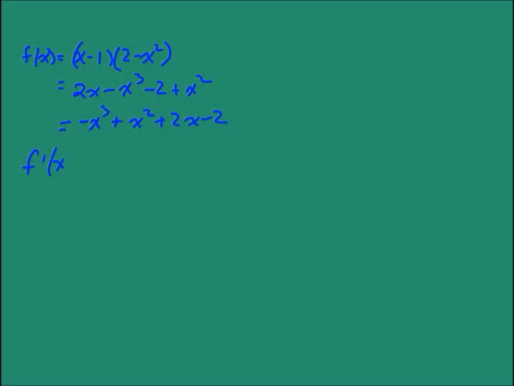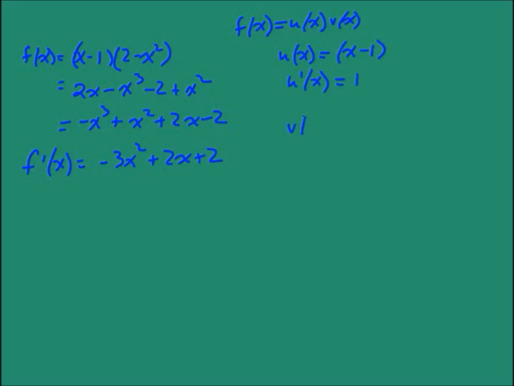And therefore I know the derivative is negative 3x squared plus 2x plus 2 and plus 0, but we don't need to write it. All right, so if u of x is the first part, x minus 1. In other words, remember we're making this look like this. So u of x equals x minus 1, therefore the derivative of that would be 1. V of x equals 2 subtract x squared, therefore the derivative of that is negative 2x.